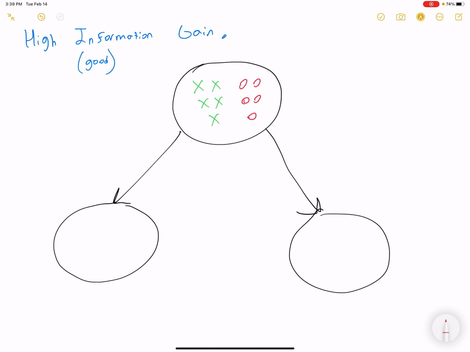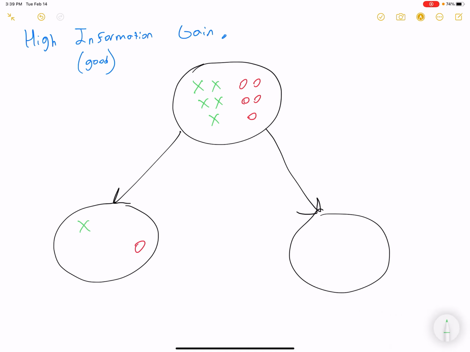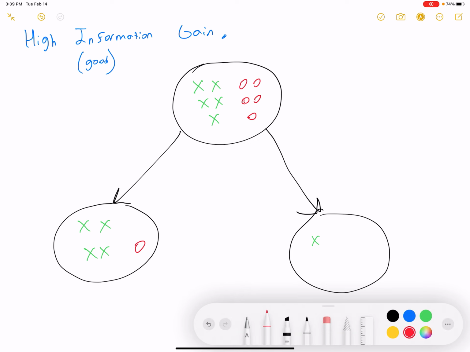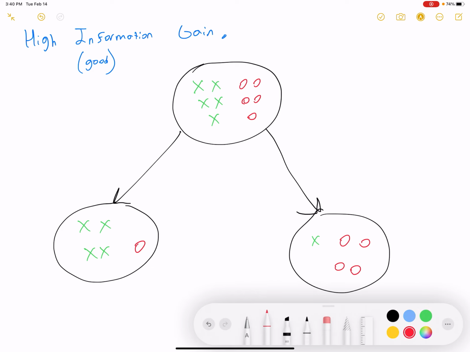High information gain would be when we split, we do a pretty good job of separating the categories. So we're gaining a lot of information about how these categories differ with respect to that variable that we're splitting on. So that's good.